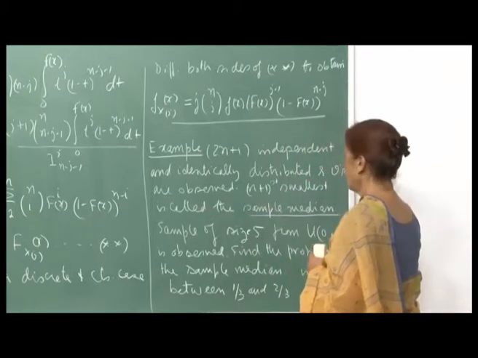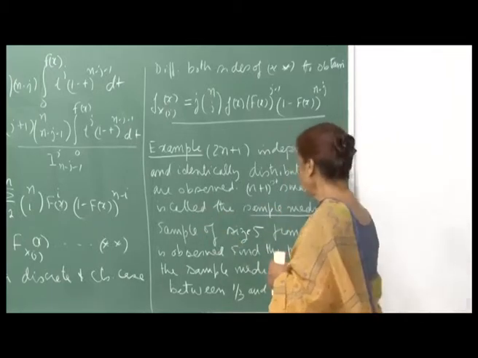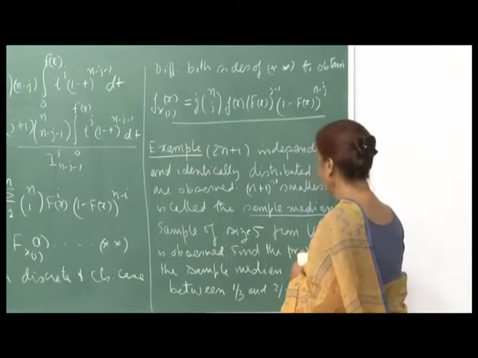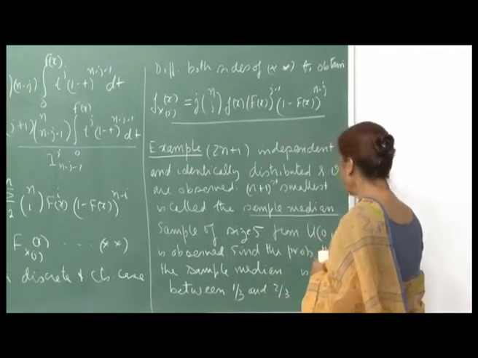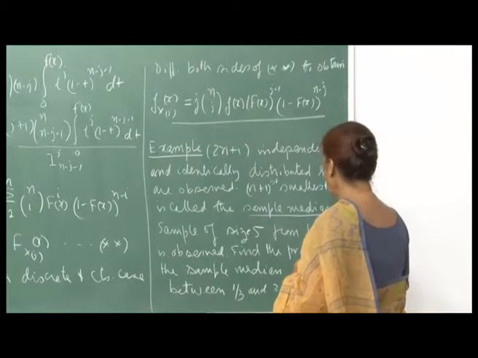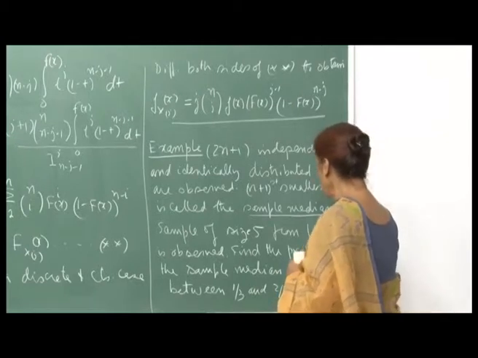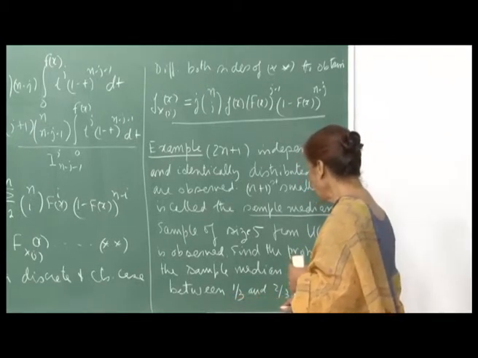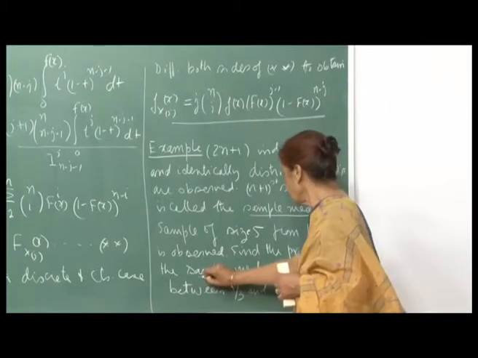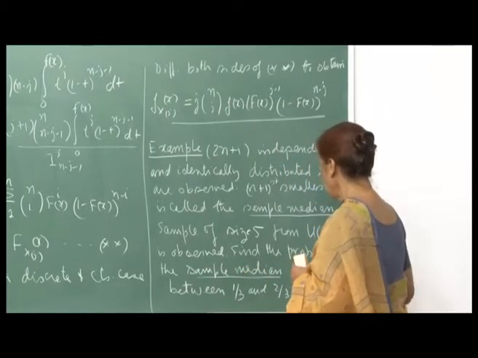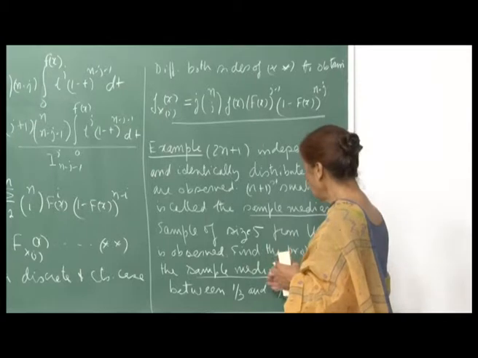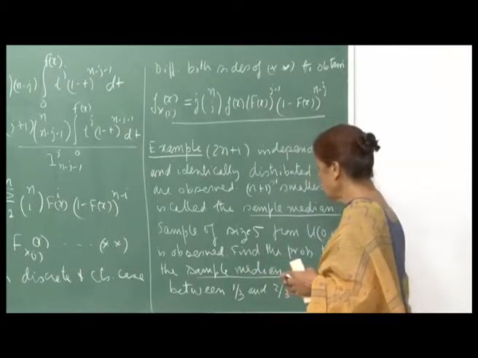So, now let us say we have a sample of size 5 from uniform 0 1 observed, find the probability that the sample median is between 1 by 3 and 2 by 3. And when you are handling large data, sometimes you are only interested in what the median of the sample is.